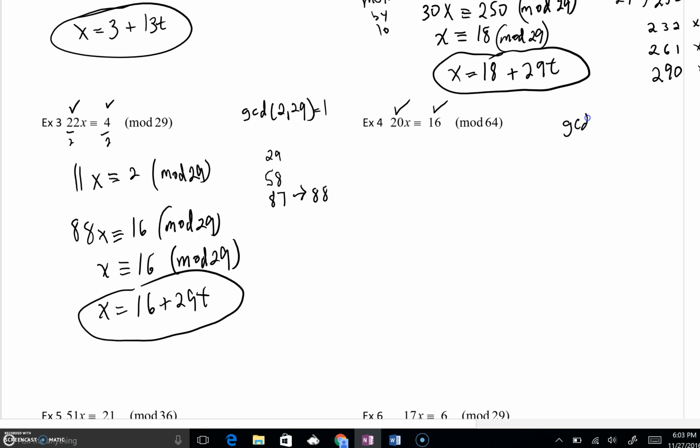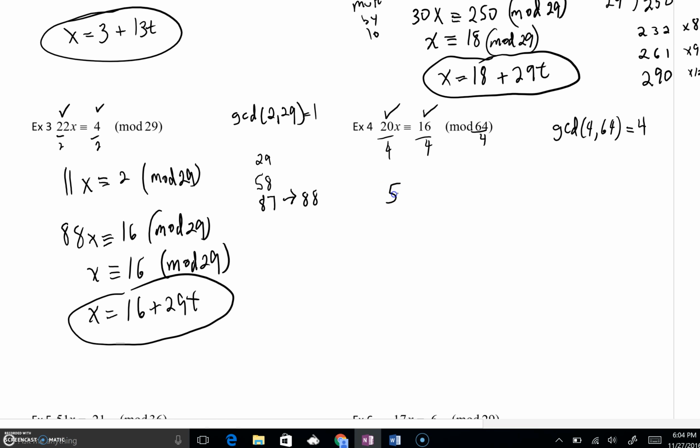Now, the big question is, what's the greatest common divisor between a 4 and a 64? Well, 4 divides into 64 and 4 divides into 4. It's going to be 4 itself. So what we're getting at is, can we divide by 4 here? Yes, you can. You're also going to divide the modulus by that number 4 as well.